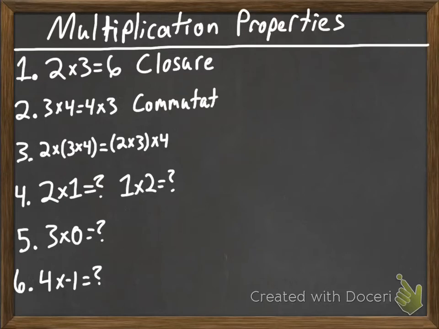It says that we can switch the order up of multiplying and it doesn't change anything. 3 looks like the associative property that we dealt with before, and it is. The associative property says that if we're multiplying, it doesn't matter how we group our numbers. We'll get the same answer no matter what.